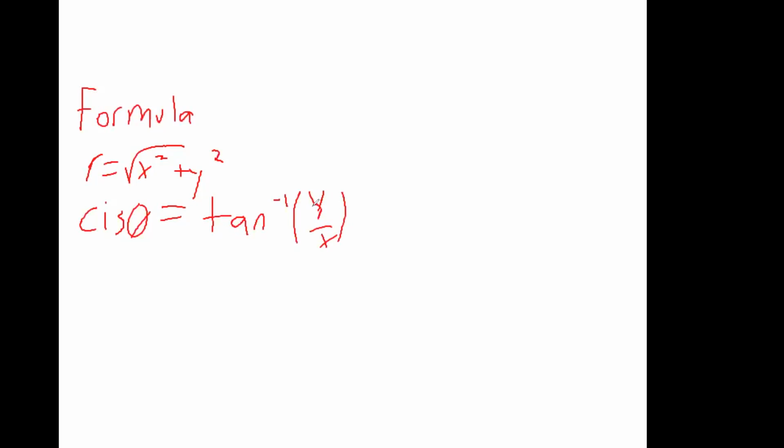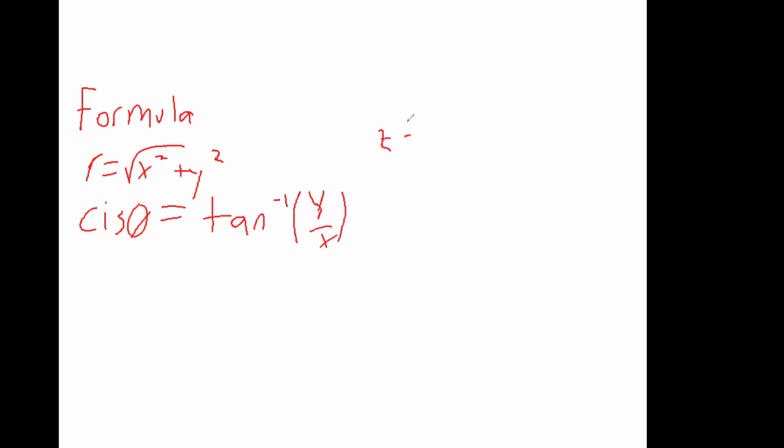Okay, so from this, I essentially just plugged the equations from number 2 into this formula. For example, for 2a, z is equal to 2 plus 2i. So r would be the square root of 2 squared plus 2 squared, which is the square root of 8.